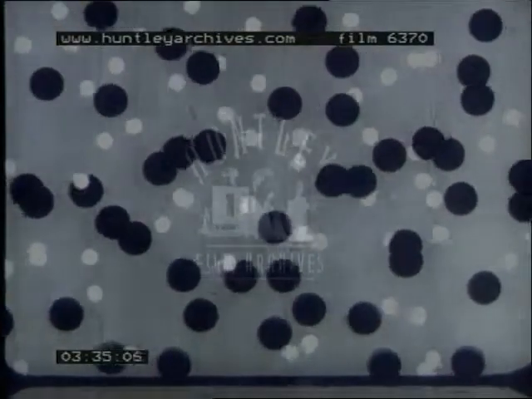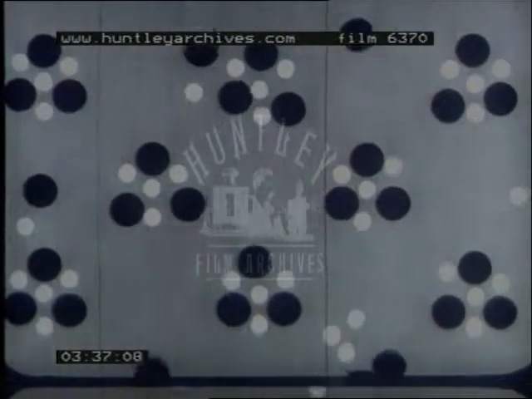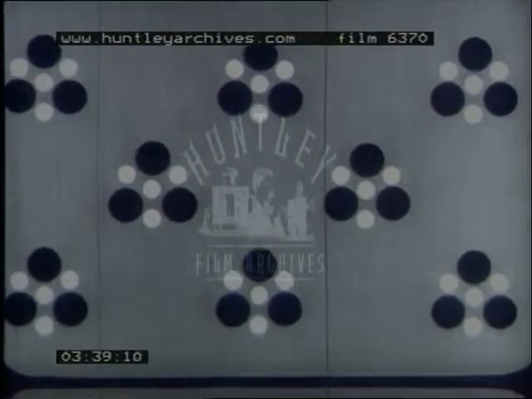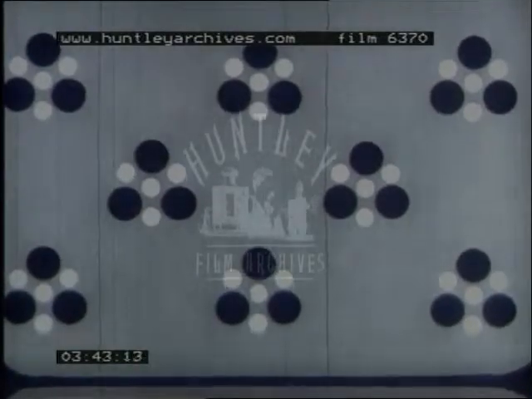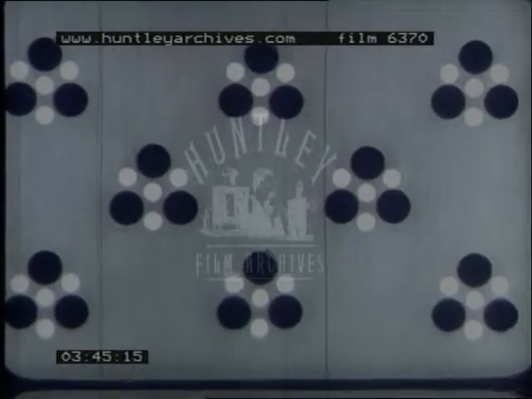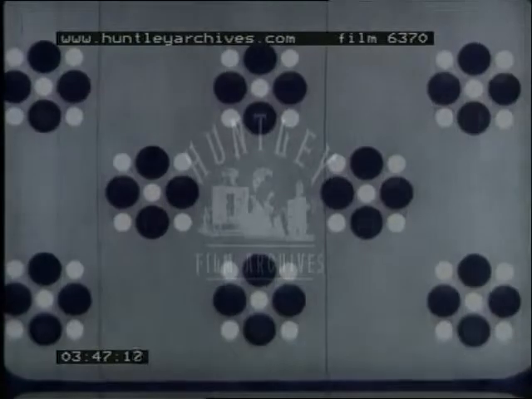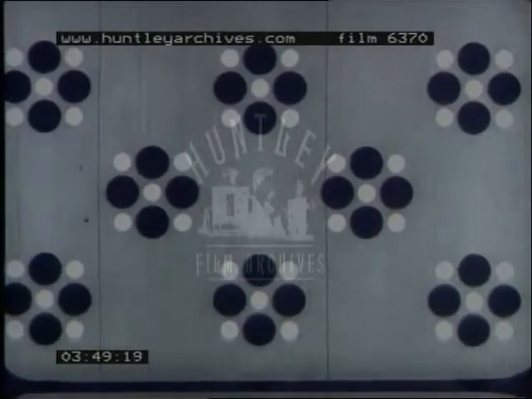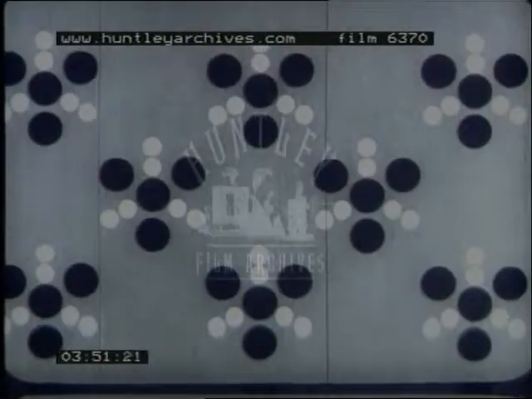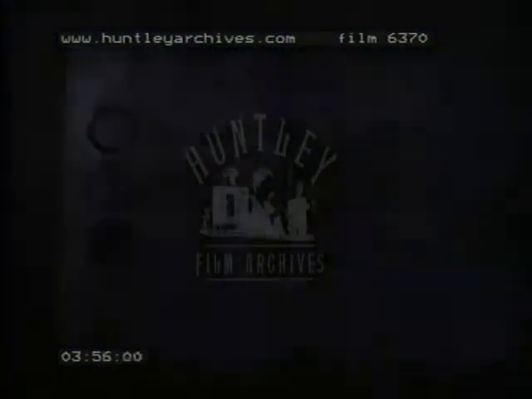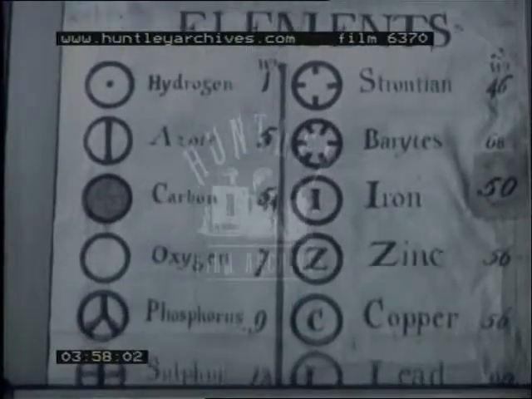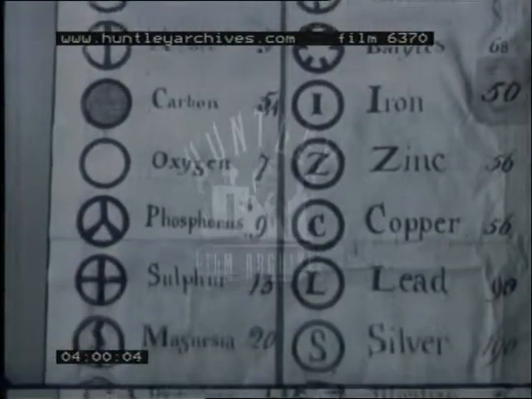Fourthly, that chemical combination occurs between small whole numbers of atoms. Such combinations of atoms are now called molecules. In any given compound, all molecules are alike. Dalton invented a system of symbols to represent the atoms of the different elements.